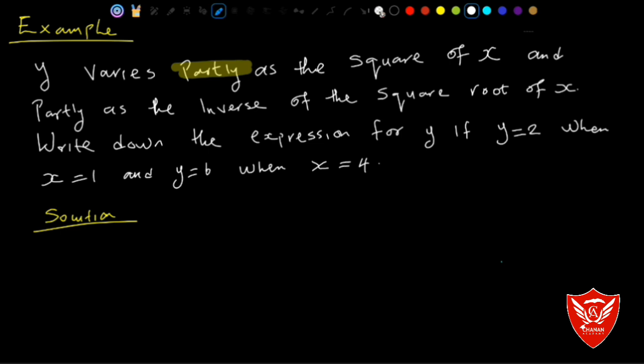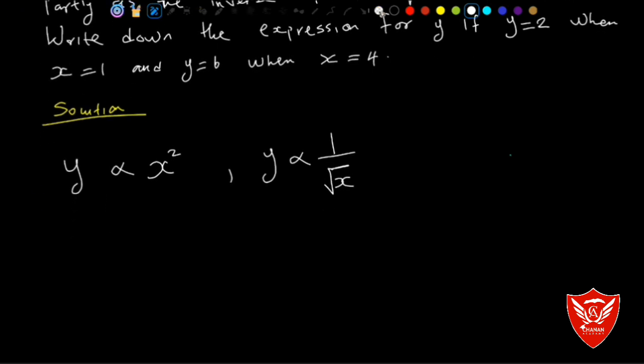So we are going to have that the first variation, y varies as the square of x. That's the first variation. And then the second is y varies inversely as the square root of x. All right, so let's try to introduce the constants into both of them.